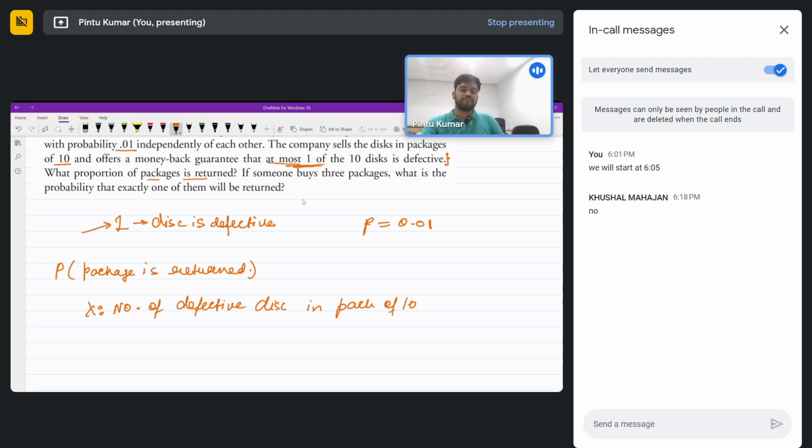So let's say if two disks are defective, then according to this line, you should not get a money back. But intuitively, you should get a money back when two disks are defective, right? Okay, so we will go by the intuition that if one or more than one disk is defective, then you should get a money back.